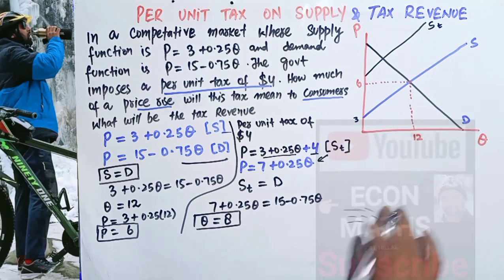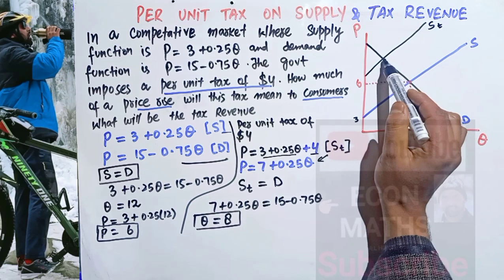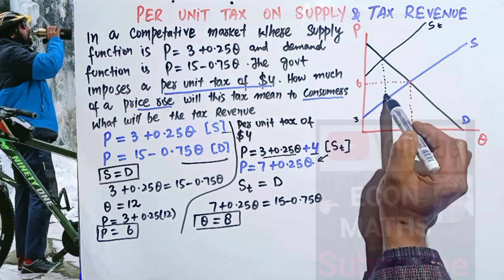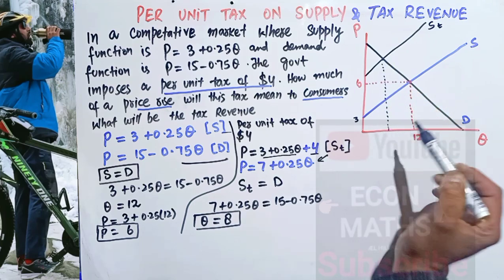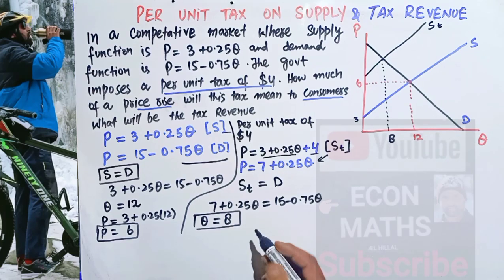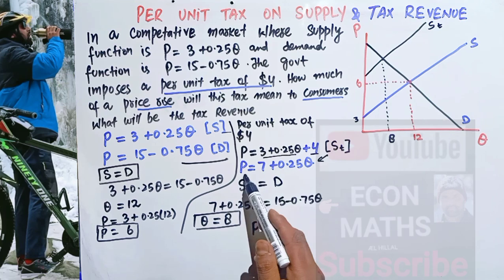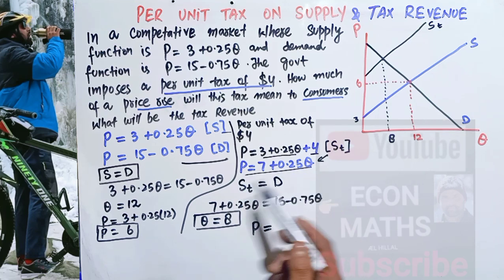Now with the imposition of a per unit tax of $4, the quantity transacted in this market is only 8. And what is the price then? Just plug the value of q equal to 8 either in the new supply function or in the demand function.